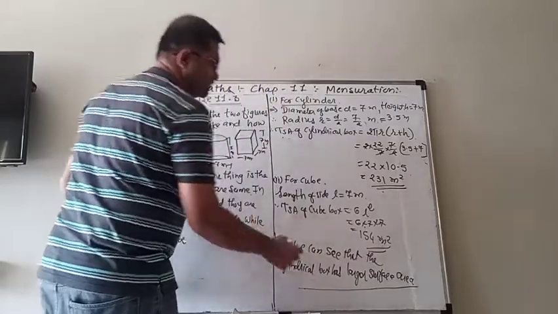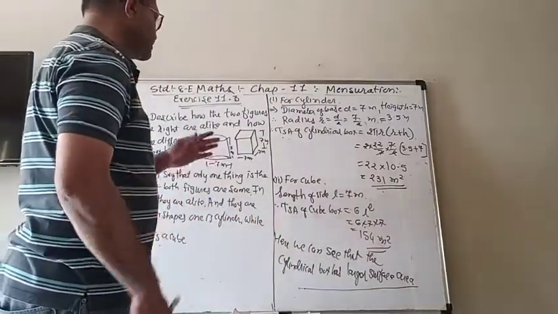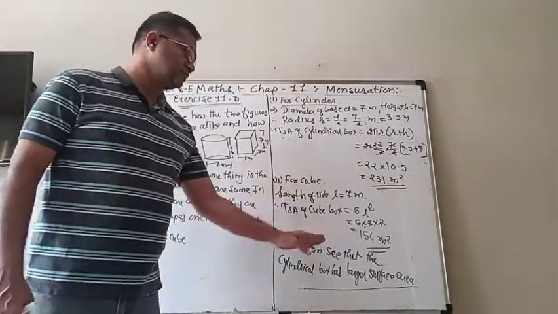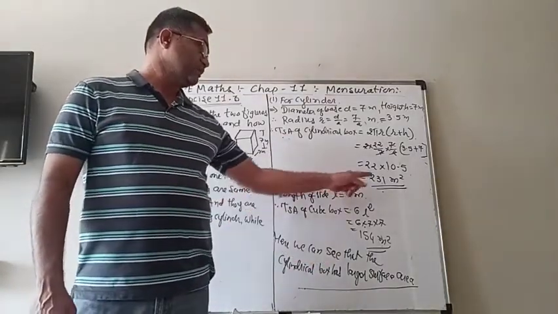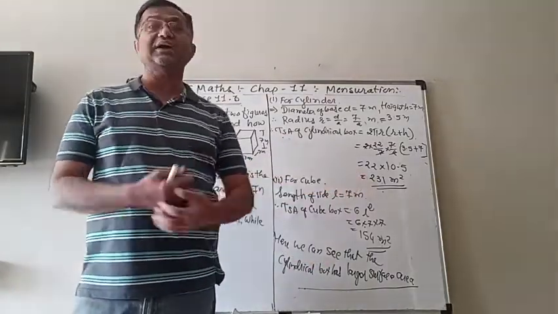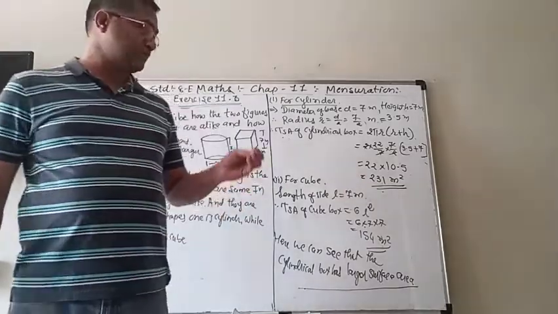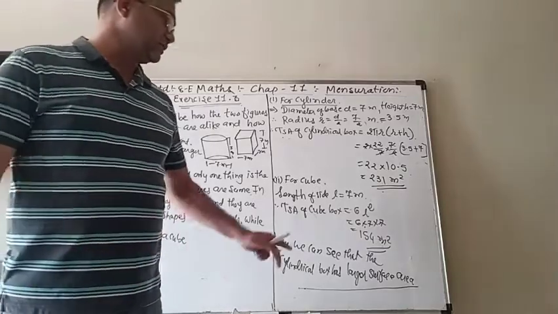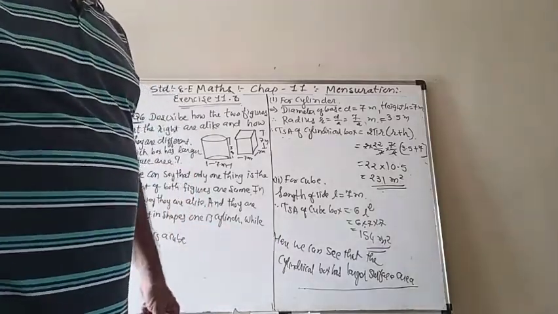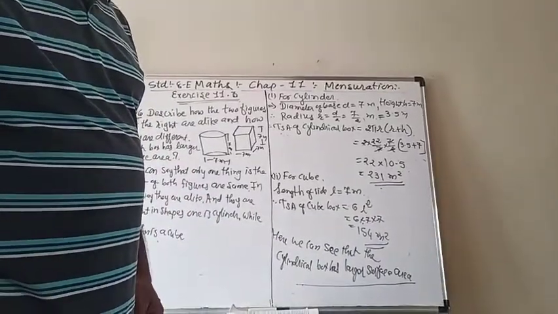By comparison, when we find out the TSA, total surface area of both of them, we found that cylinder has more surface area. So we can write down that cylindrical box has larger surface area.